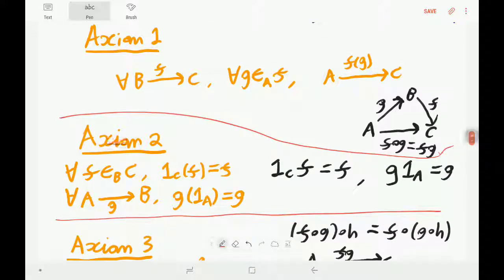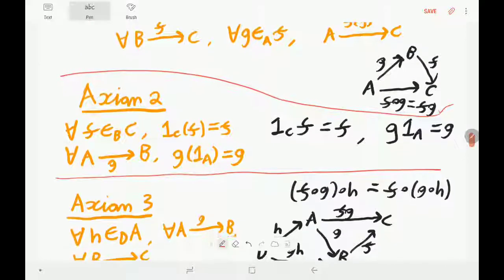Okay, second axiom then, this is about the identity arrows. So for any arrow F from B to C, we have 1C F equals F. And for any arrow G from A to B, we have G of 1A is G, okay?